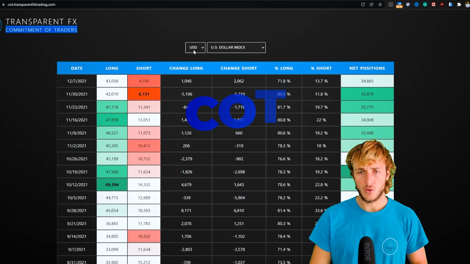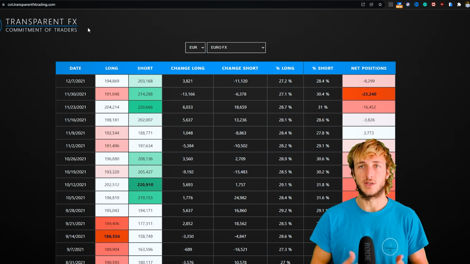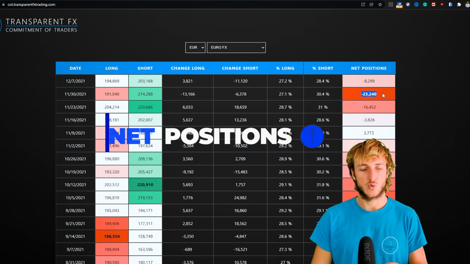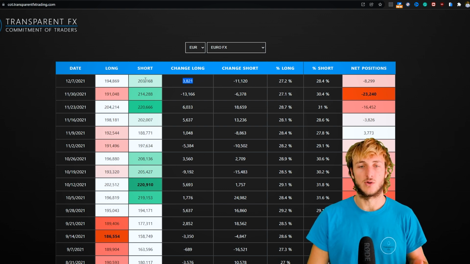Now, if we go and see what we have when it comes to the commitment of traders, which is basically what hedge funds and the non-commercials in the market are doing, so the biggest speculators, we can see how with the last report, net positions have actually increased quite a lot. We went from having minus 23k net positions up to having minus 8.2k net positions with 11.1k shorts closed with the last report and 3.8k longs getting opened, reaching 194k long positions and 203k shorts.